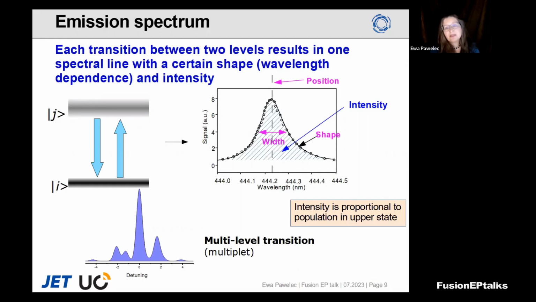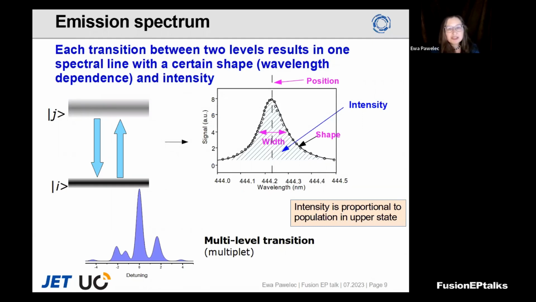This light is mostly shown as something called a spectral line, which has certain features: position, width, and shape. In the case of molecules, we mostly do not care much about the shape of one molecular line, because as you will see, we have thousands of them.